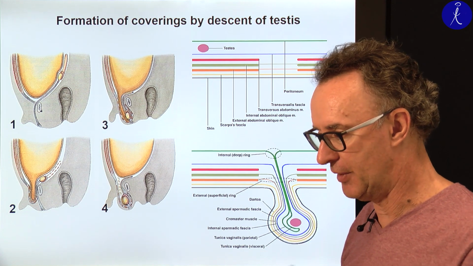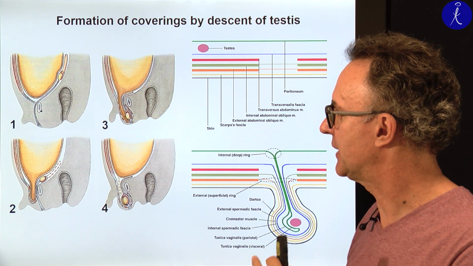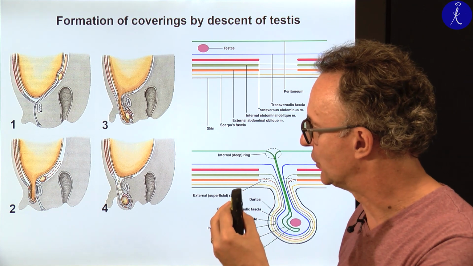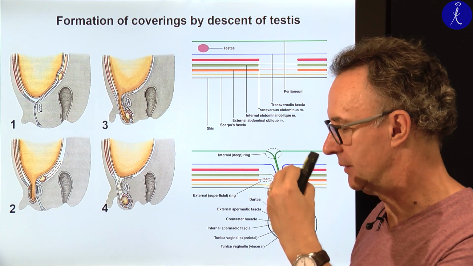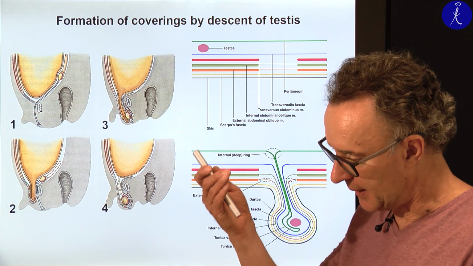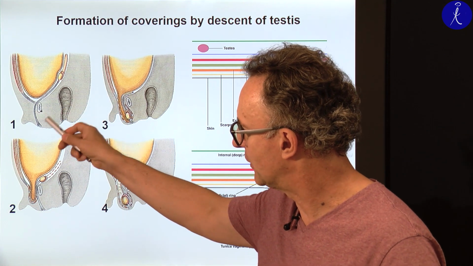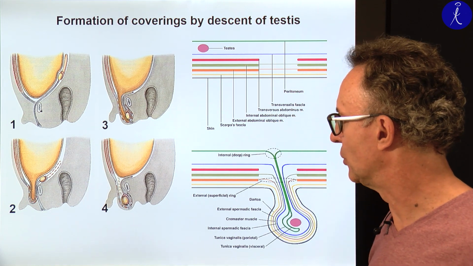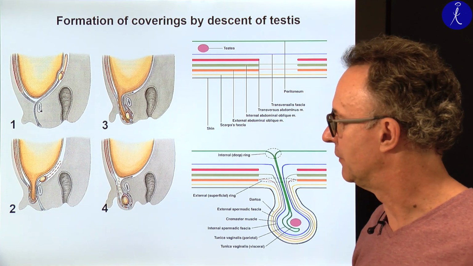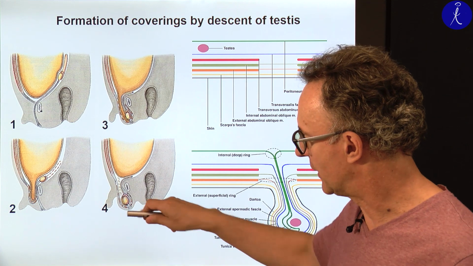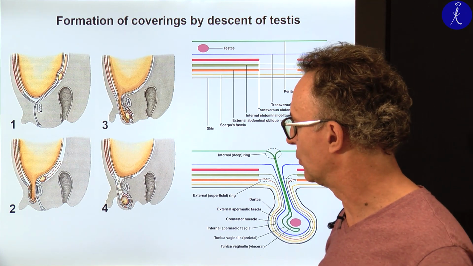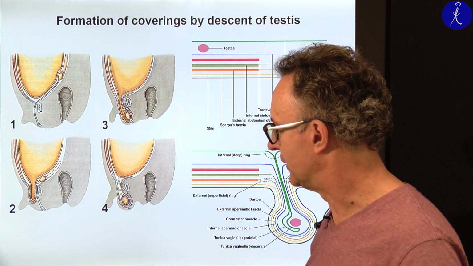It means the governor of this process. So this will shrink during the embryonic life and after hormonal influence, and that's why it pulls down the testicles to the scrotum. So we will see the remnant of the gubernaculum later on the lower end or pole of the testis, related to the scrotum.